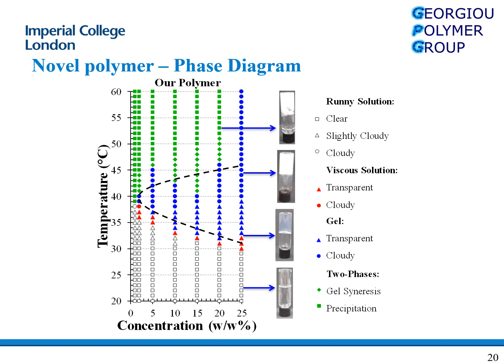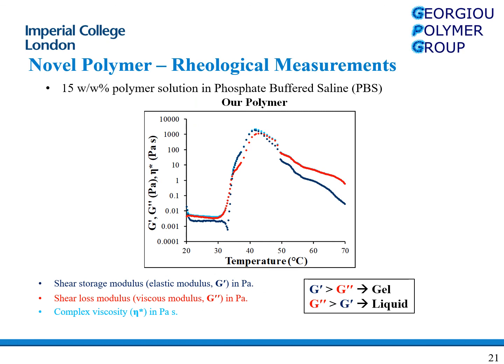So the gelation was also confirmed by rheology at 15%. This is the result here. For those who are not familiar with rheology, when the storage modulus, here shown in blue, is higher than the loss modulus, then you have a gel phase because the material is able to store energy, while when the loss modulus is higher than the storage modulus, then it's liquid because the material loses energy.